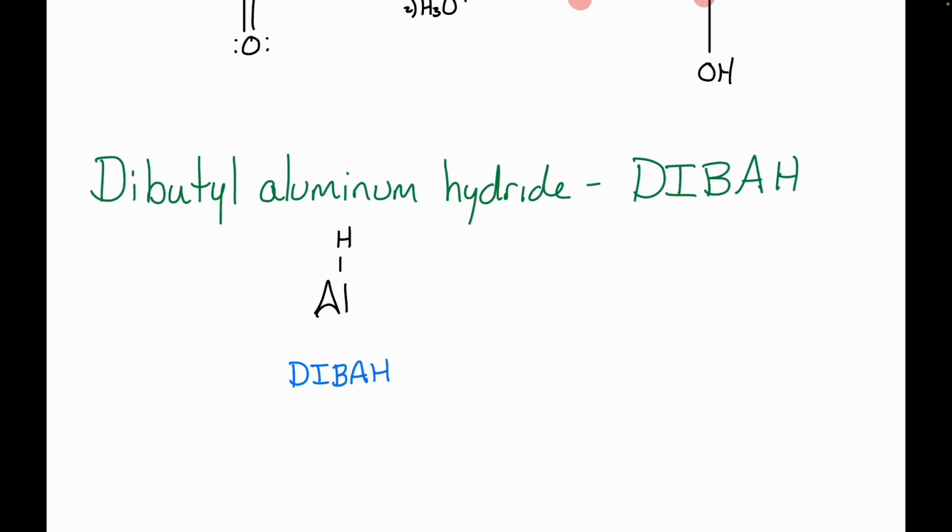It's got that hydrogen on it, but now it's got these 2 big butyl groups sticking off of it. And those big bulky butyl groups make this a weak reducing agent.